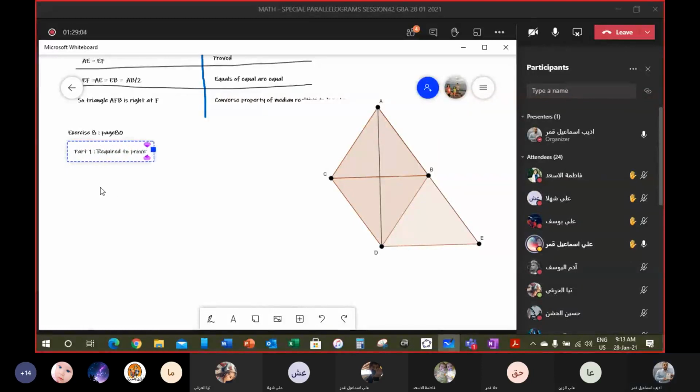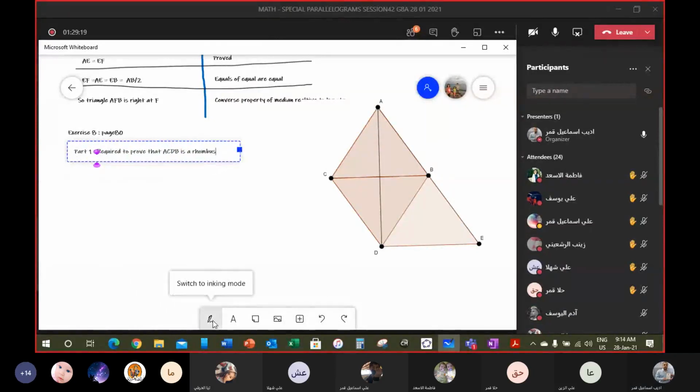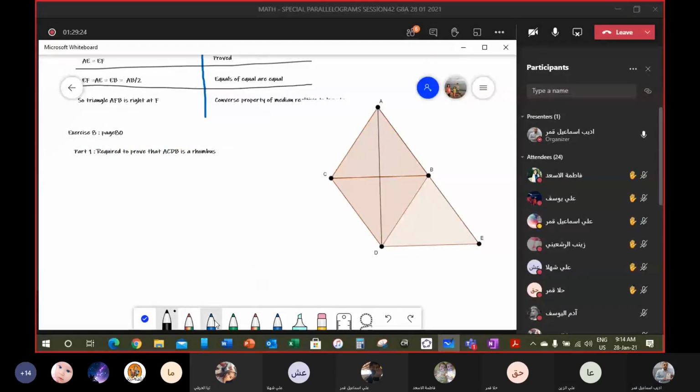Now we make a table. Statements and reasons.